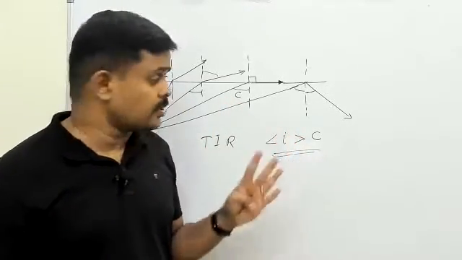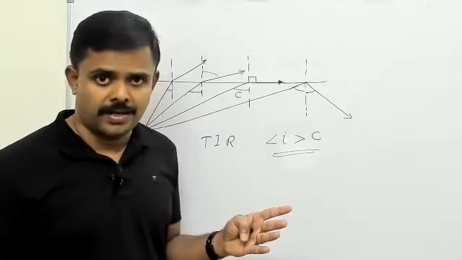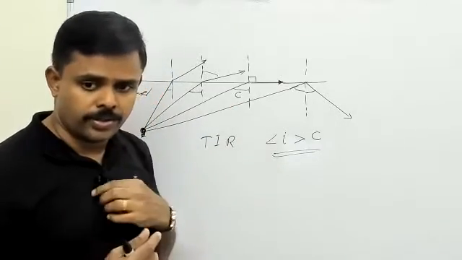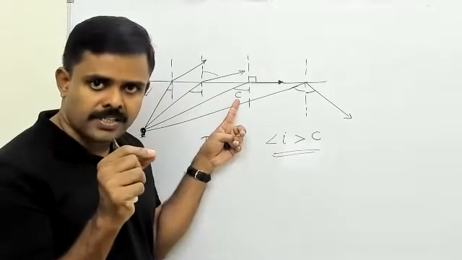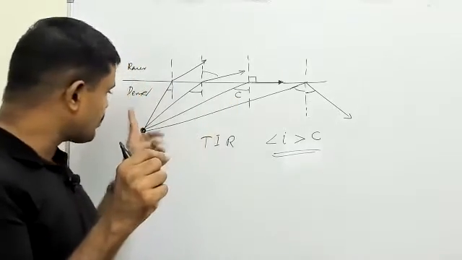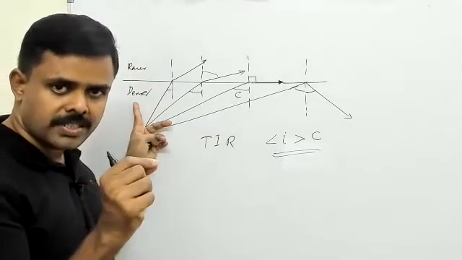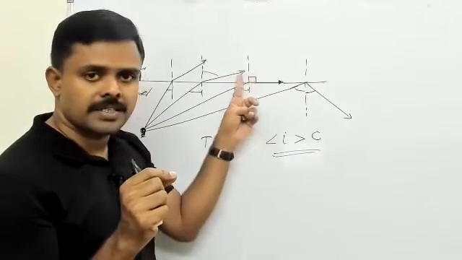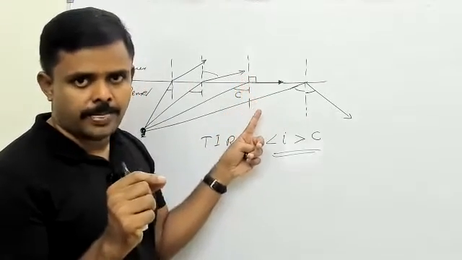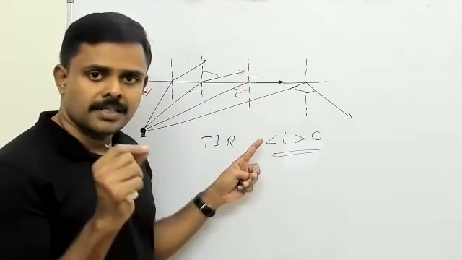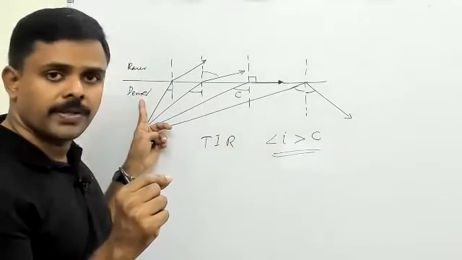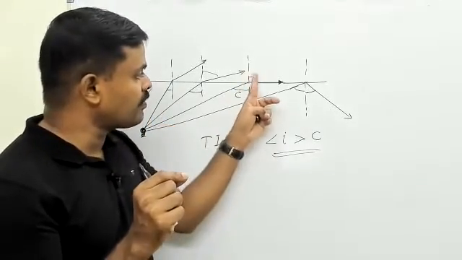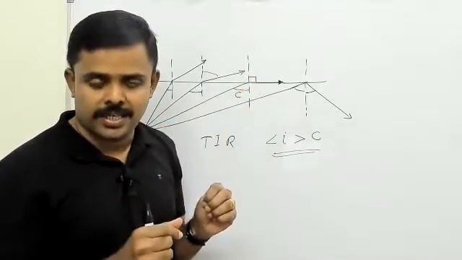Okay, so there are 2 definitions for critical angle. What is critical angle? I told you already. Critical angle is the angle of incidence in a denser medium for which the angle of refraction is 90 degrees.